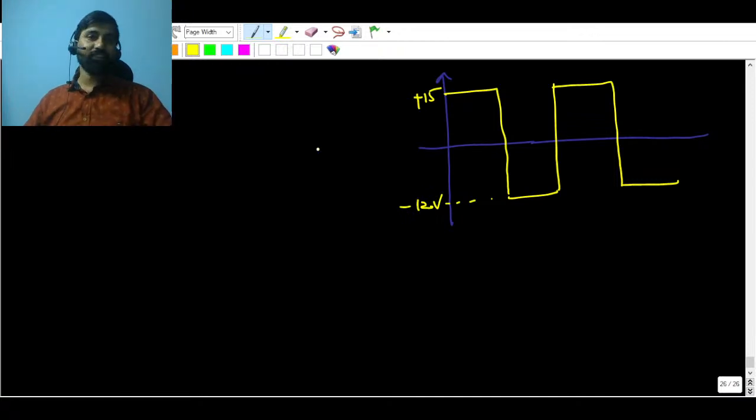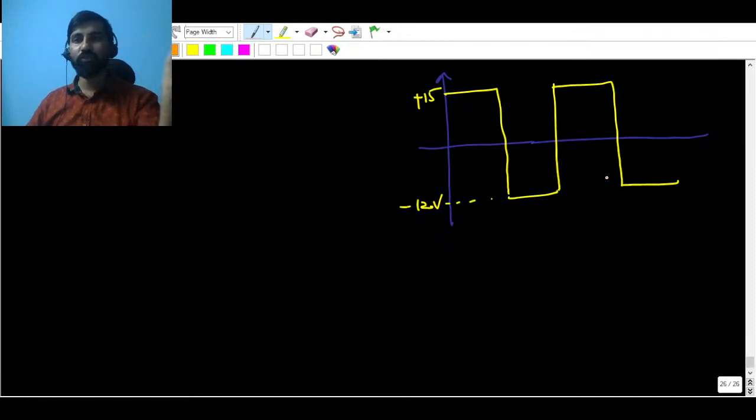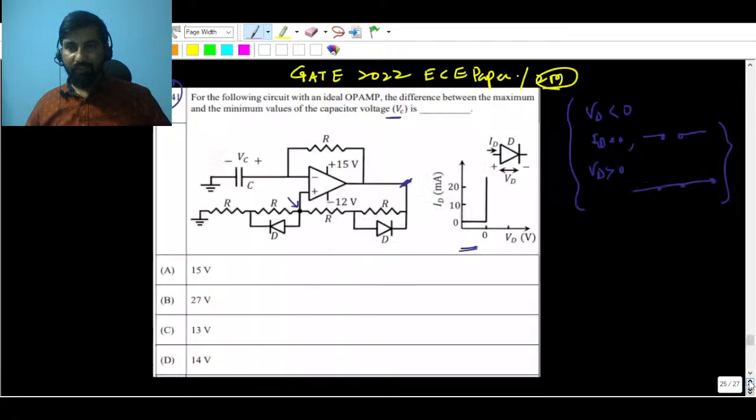But there is a capacitor, and they are asking about the difference between the maximum and minimum voltage of the capacitor. The threshold is going to be the square wave, which will be the output of that relaxation oscillator. This is the oscillator circuit they have given, with minus and plus inputs.